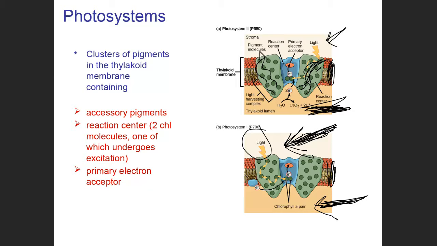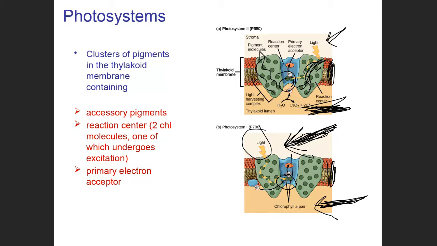Okay, I am more electronegative, give me your electrons, until they end up on the godfather for those electrons, chlorophyll A. So chlorophyll A gets very excited in both photosystems, going from a less excited to a higher excited state.